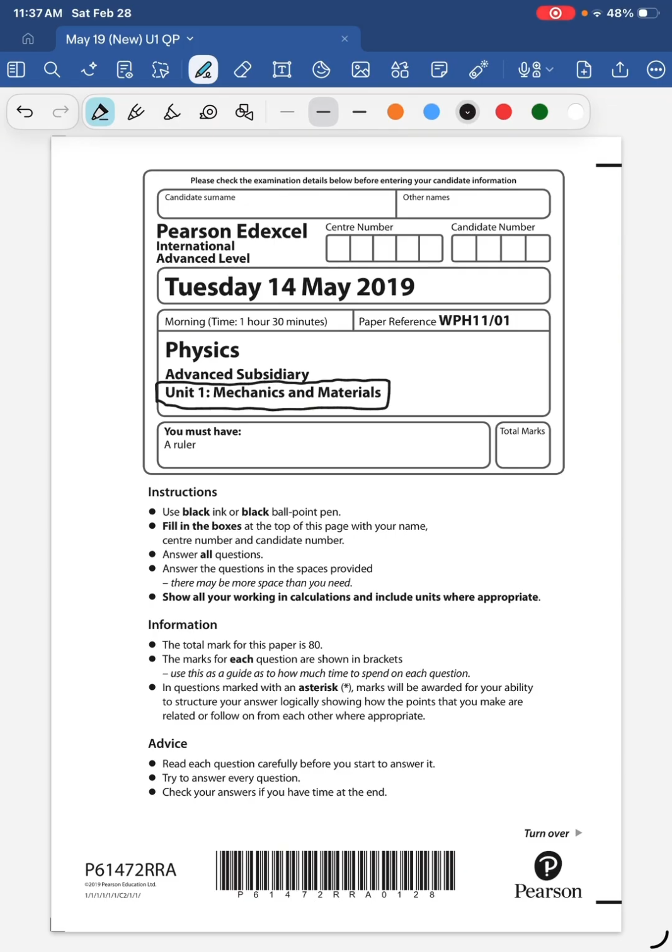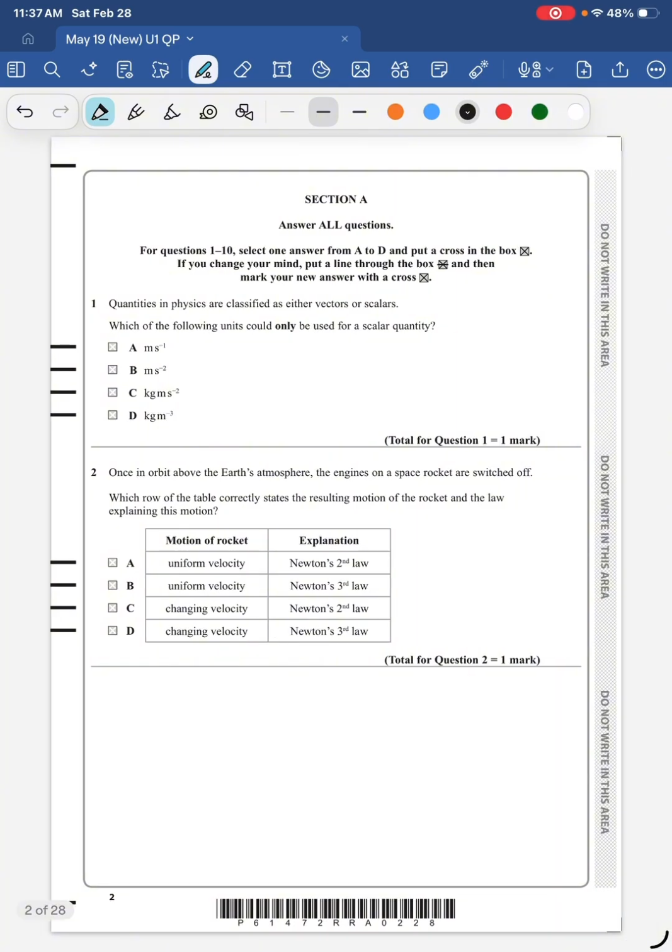What's special about this paper is that I believe this was the first paper based on the new spec, which is not much different from the old one, but nevertheless, I think it was the first. And I think that year they also released a version taken in May 2019 with the old spec. Maybe we will go over that at some point in the future, but let's dive in.